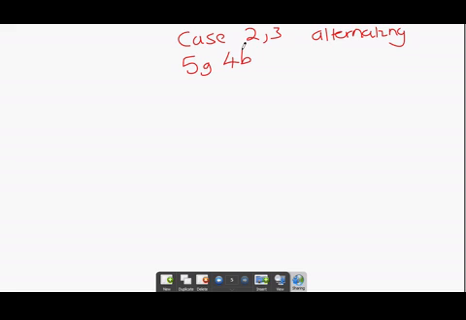Now, this is a very simple case, because instead of having 2 situations, you can only have 1. In other words, the first person I'm going to pick will be a girl. It has to be a girl, because if I start with a boy, it won't work. Let me show you. Girl, boy, girl, boy, girl, boy, girl, boy, and then girl.